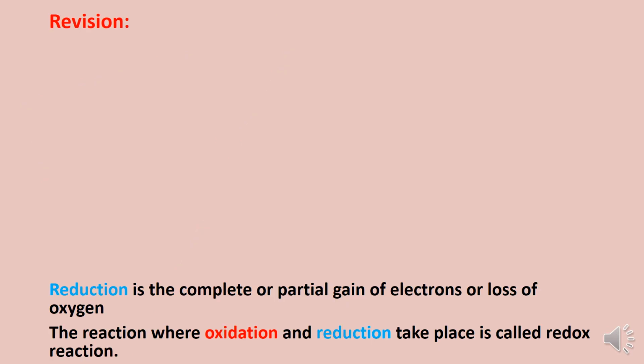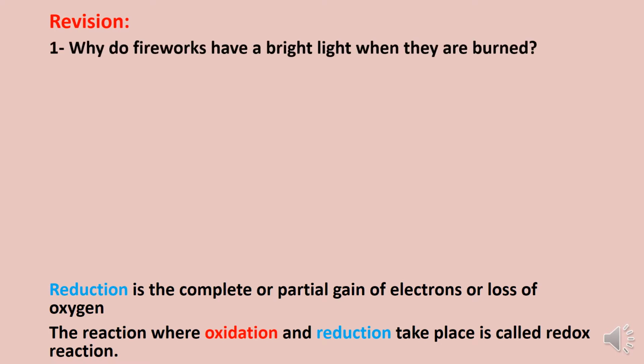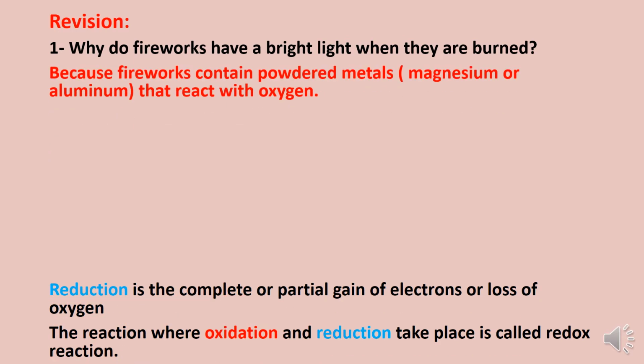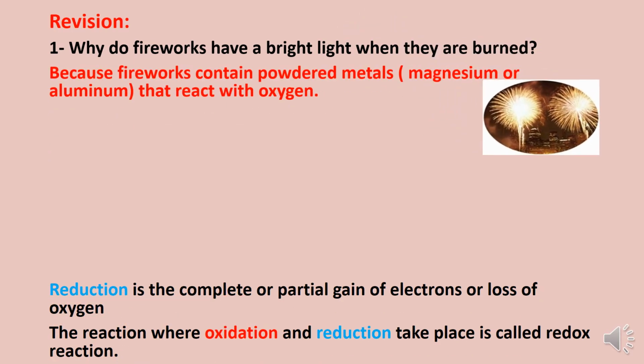First of all, let us have a revision of what we have taken in the previous session. I will ask you questions from your daily life. The first one, why do fireworks have a bright light when they are burned? Because fireworks contain powdered metals, magnesium or aluminum, that react with oxygen.